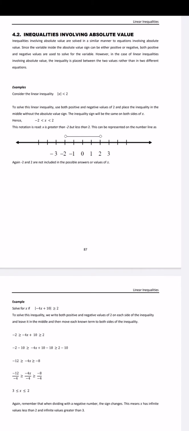So the value of x is any number that lies between -2 and +2. We start from -2 up to +2. Any number in between is a possible value of x, and that's how we indicate it on our number line, where we indicate where we are starting from, -2. That's where our line starts from, and it ends at +2.